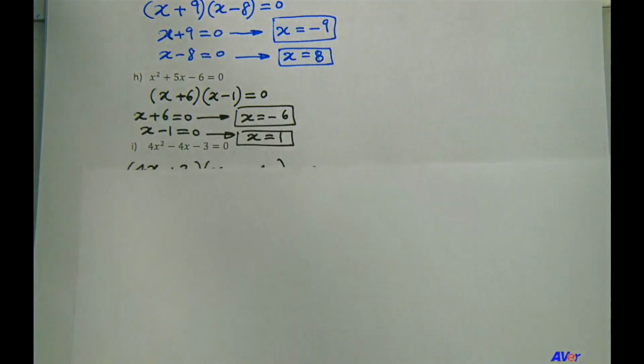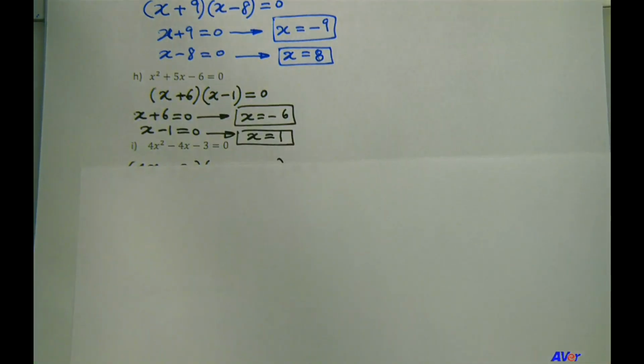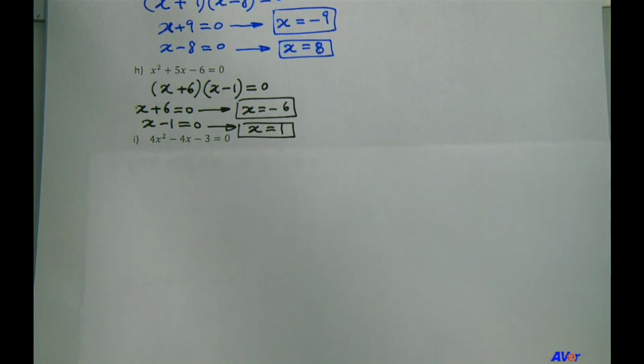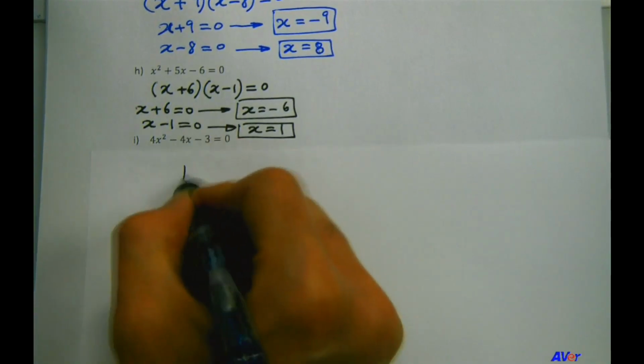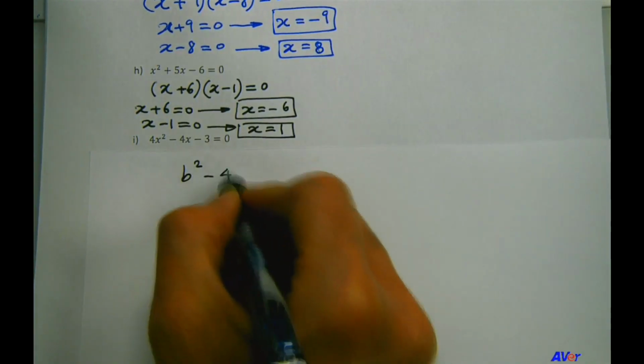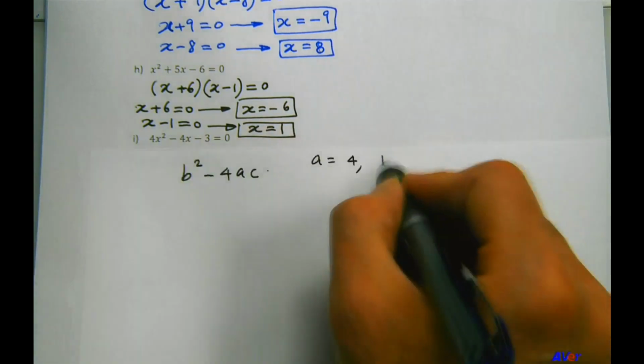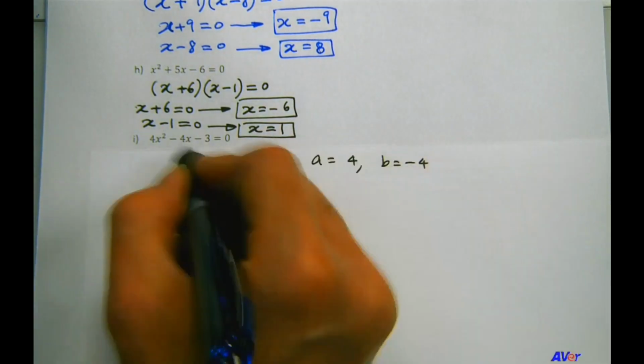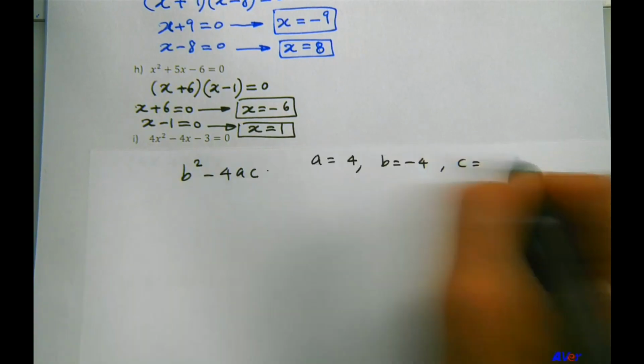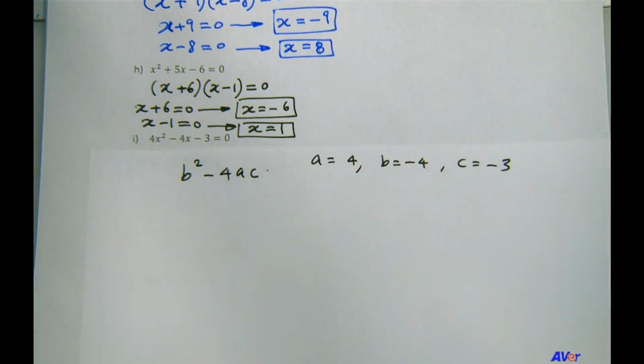Let's see what the discriminant says. So the discriminant is b squared minus 4ac, right? So here, a is 4, b is minus 4, and c is equal to minus 3.